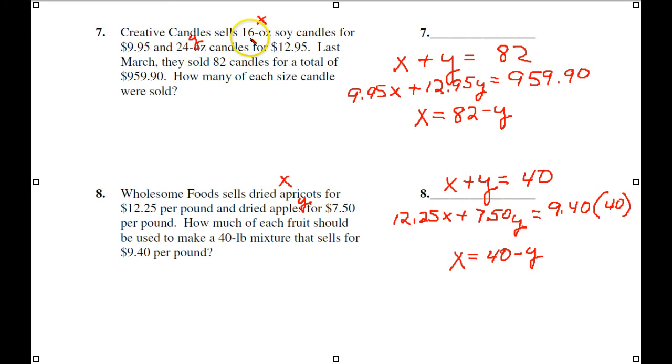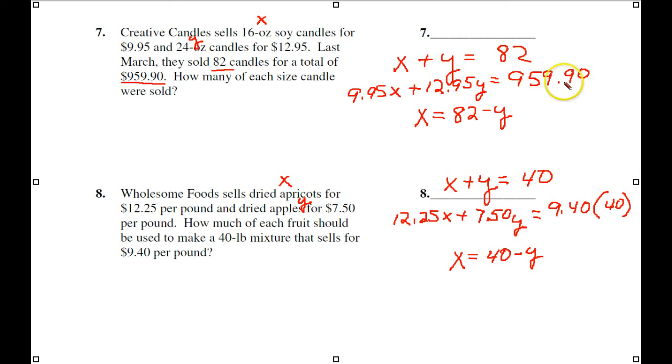So I'm identifying then the 16-ounce candle as X, the 24-ounce candle as Y. And we sold 82 candles, so X plus Y equals 82. Now, what does the X candle cost? Well, this. What does the Y candle cost? This. And the total amount they took in was this. So there are your two equations.